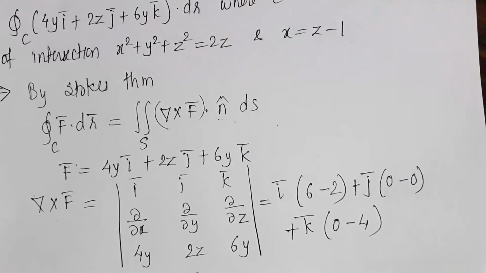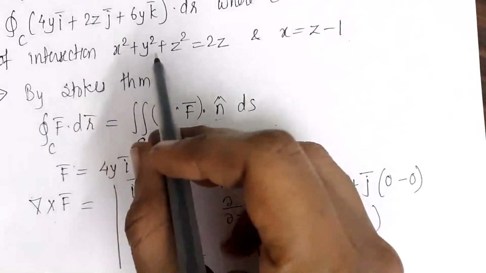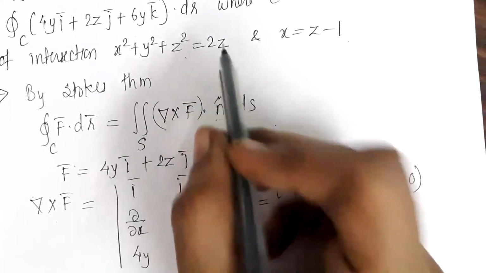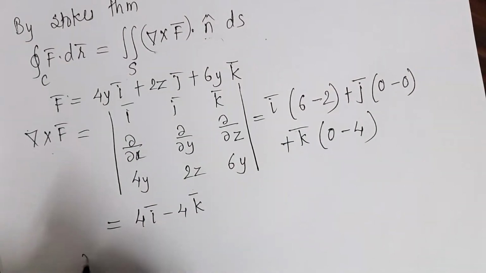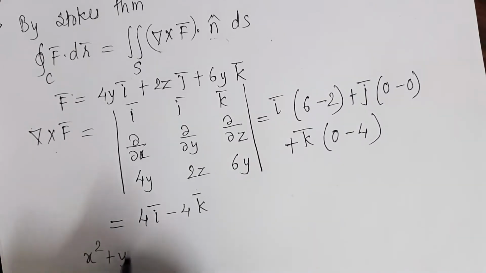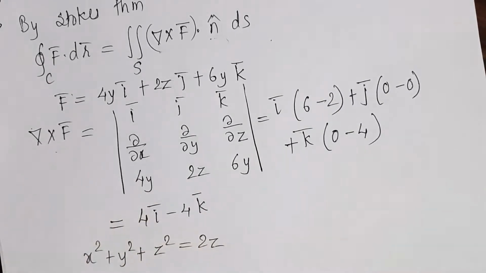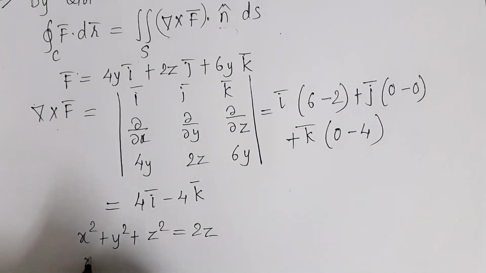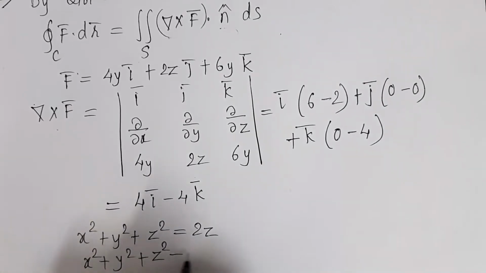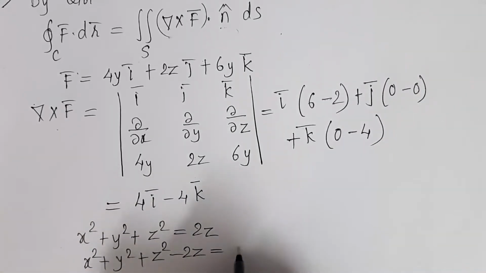So we can solve this equation, x square plus y square plus z square is equal to 2z, to find the center and radius of this sphere. It can be written as x square plus y square plus z square minus 2z is equal to 0.